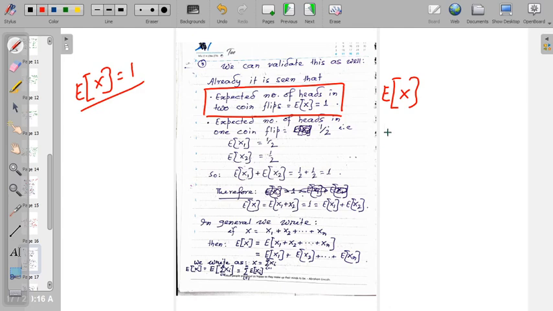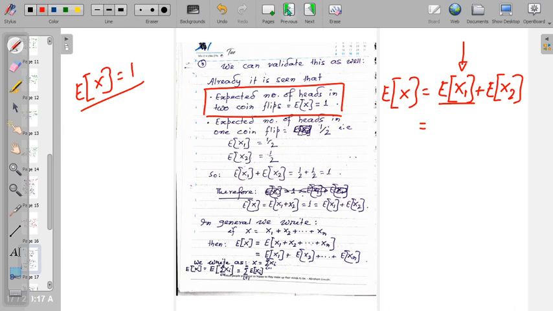Now this expectation of X is the expectation of X1 plus the expectation of X2, where I check each individual coin flip in isolation and take its expectation. And what have we found in each individual coin flip, in isolation, as the expected number of heads?